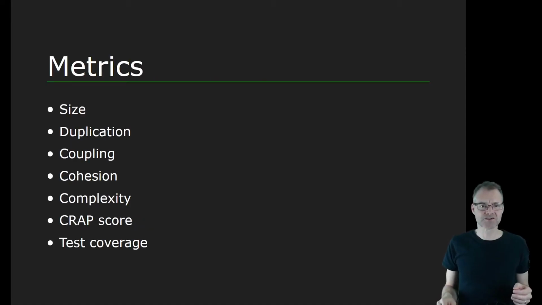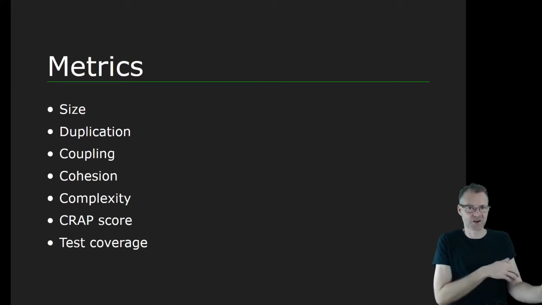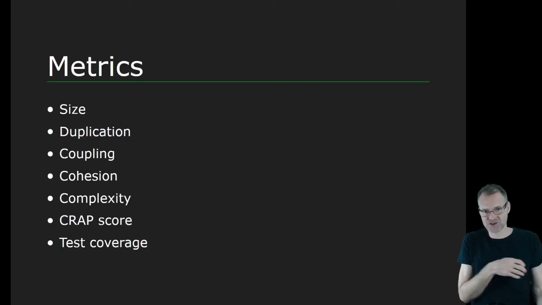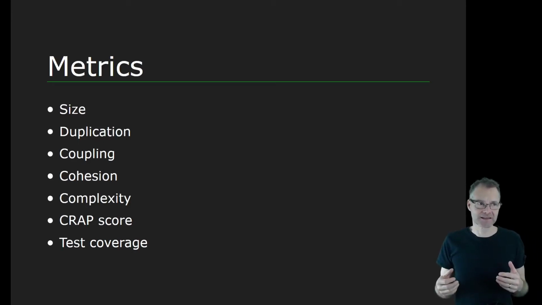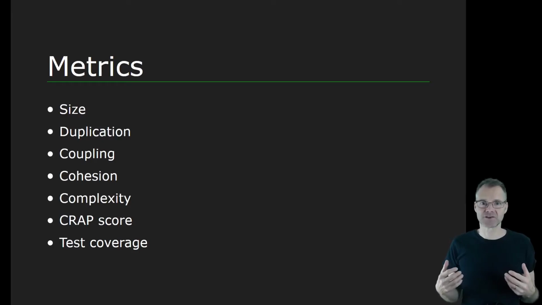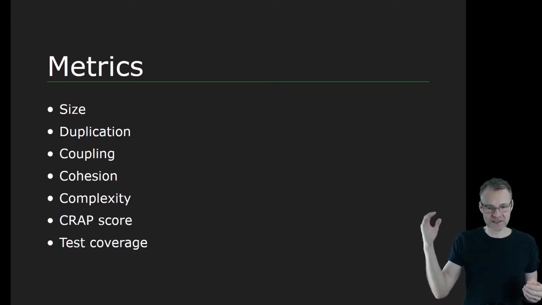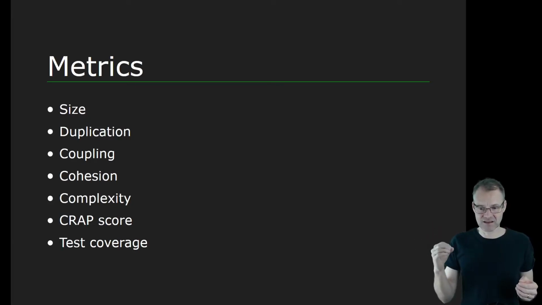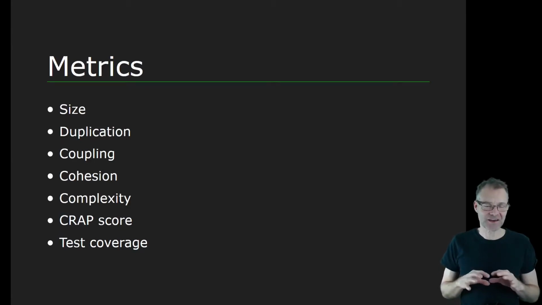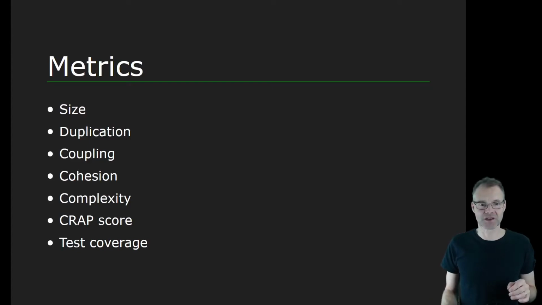So let's put these together. These are metrics that seem to be very widely used and give us different grades of our code. So let's look at these in more detail, and let's try to understand how these metrics can affect the perceived code quality that we can show off from our code.